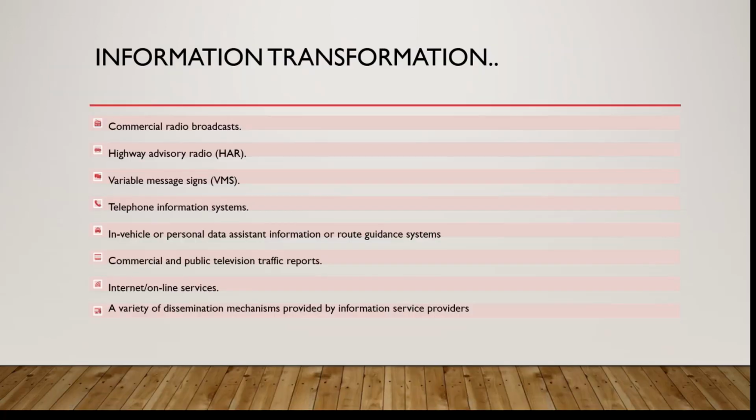So what types of information transmission sources do we have? We can use the commercial radio broadcast. For example, if this is our 100 kilometer stretch of channel, what we can do is divide that specific part into, for example, 30 kilometers, 25, and then 40.